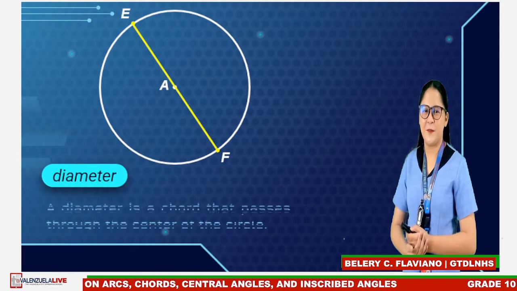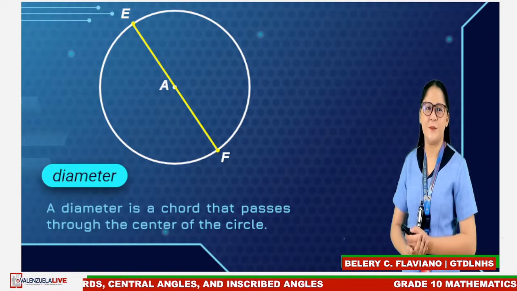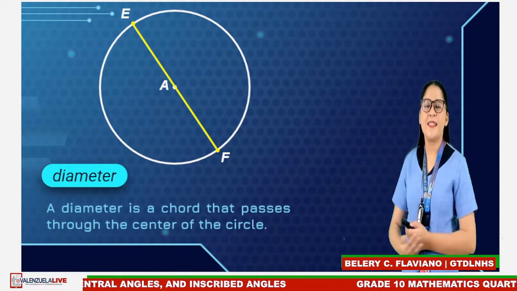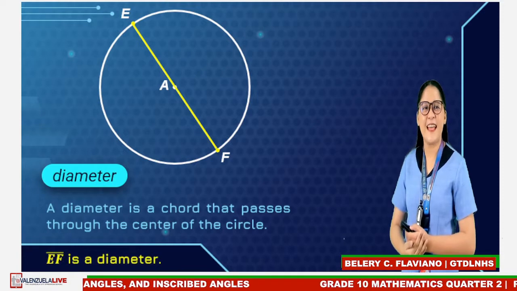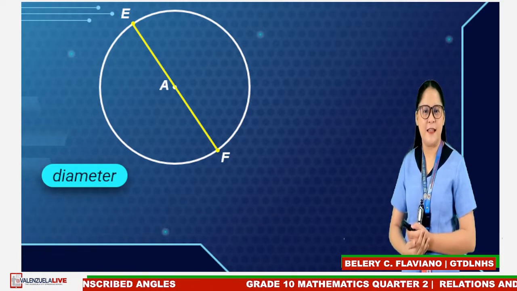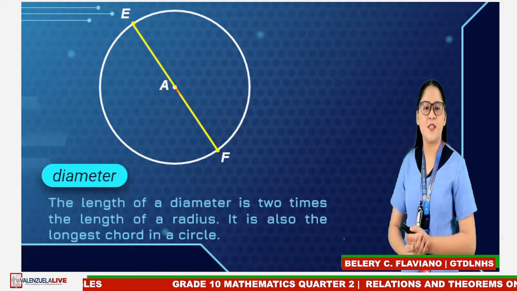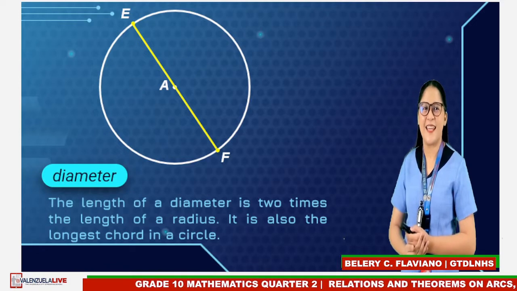A diameter is a chord that passes through the center of the circle. In this figure, segment EF is a diameter. Remember that a diameter's length is 2 times the length of a radius. It is also the longest chord in a circle.